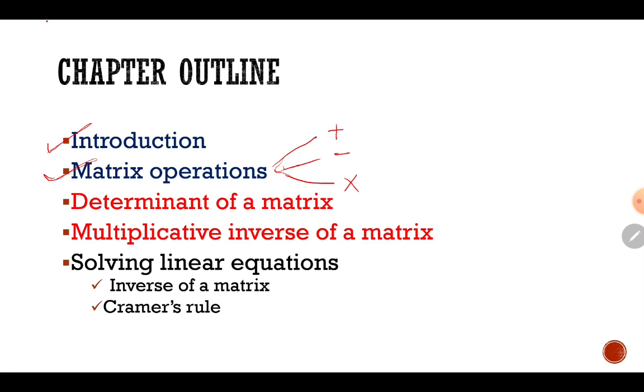Okay, so kalau you all dah mahir part matrix operations, by now you all kena mahir dah matrix operations tu, basically untuk tambah, tolak dan darab. Okay, so for today we are going to discuss about the determinant of a matrix and multiplicative inverse of a matrix. Tapi sebelum determinant, perhaps maybe today we'll focus first on the determinant of a matrix.